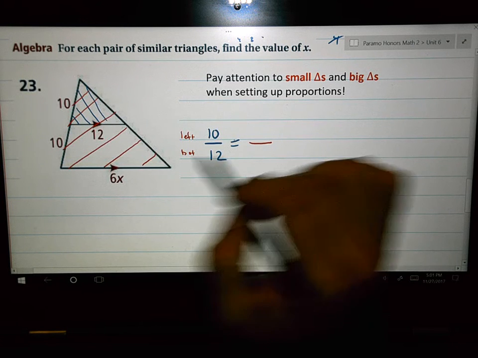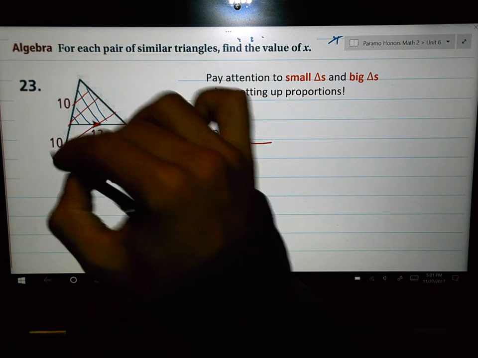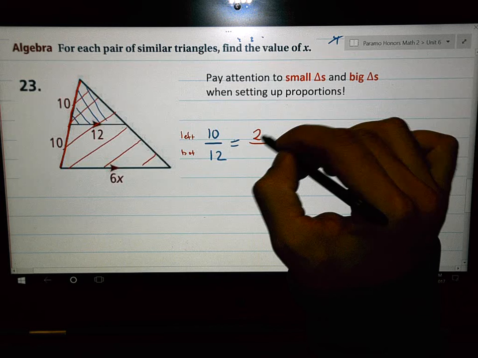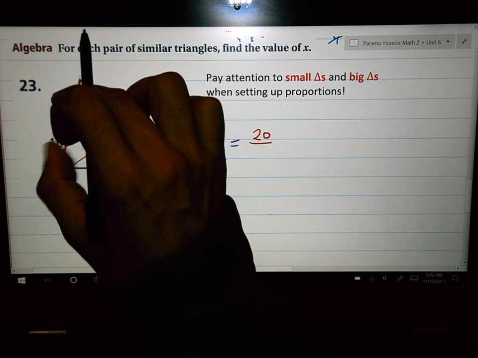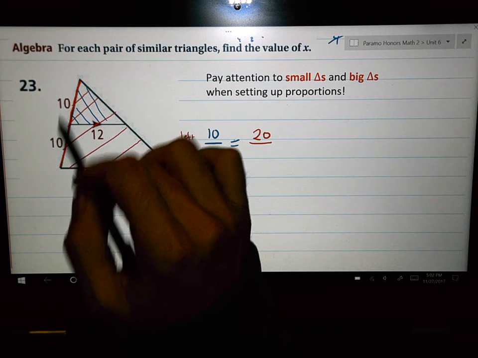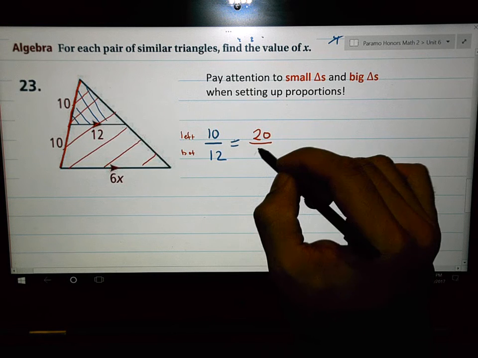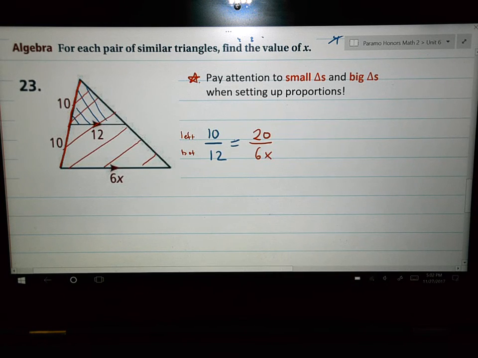Of the red triangle, the left side, the big triangle. I'm hoping you see it's 20 and not 10. Don't just go, because there's a 10 and a 10. The mistakes that some students make is that they just look at that 10, but don't forget it's the whole left side and the whole bottom is 6x. I only say that because I've seen students make that as a simple mistake, and I want to prep you so that you're not making those simple mistakes.